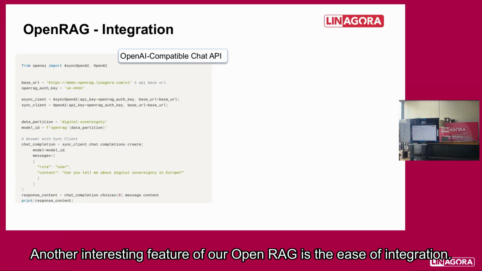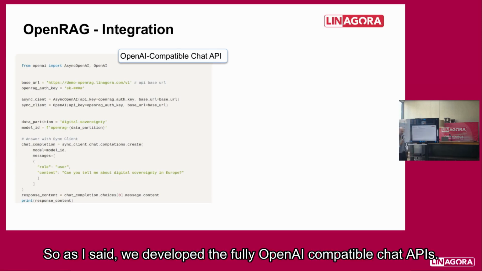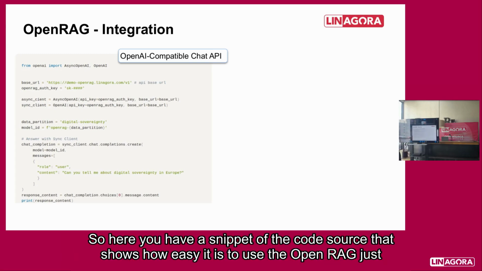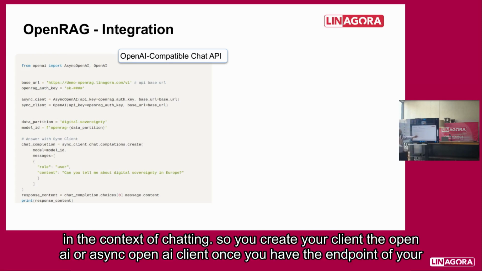Another interesting feature of our OpenRAG is the ease of integration. As I said, we developed fully OpenAI-compatible chat APIs. Here you have a snippet of source code that shows how easy it is to use OpenRAG just in the context of chatting.